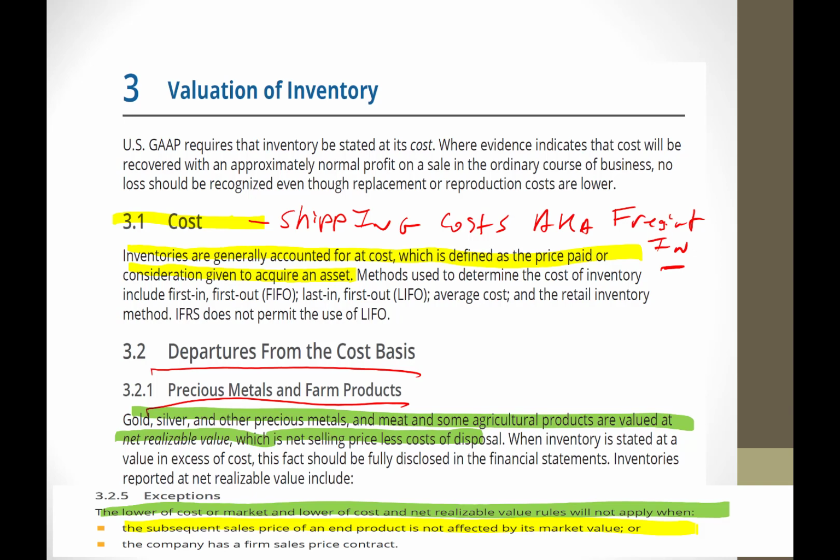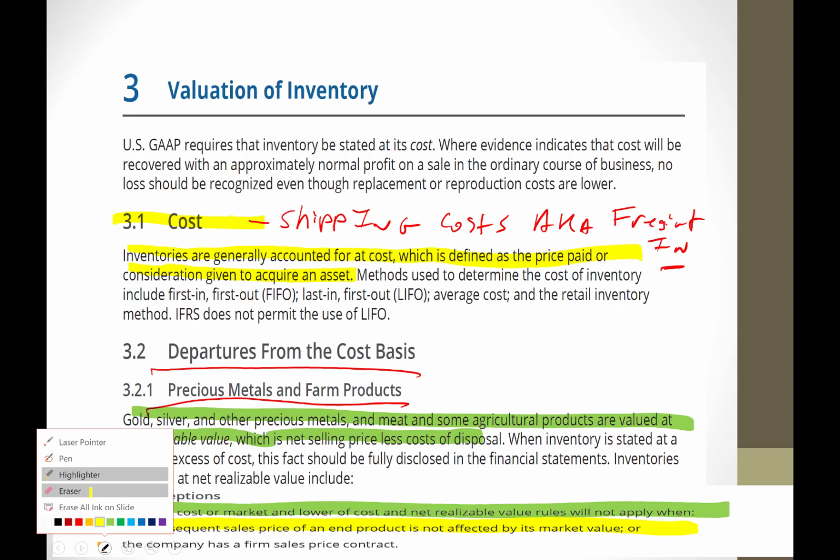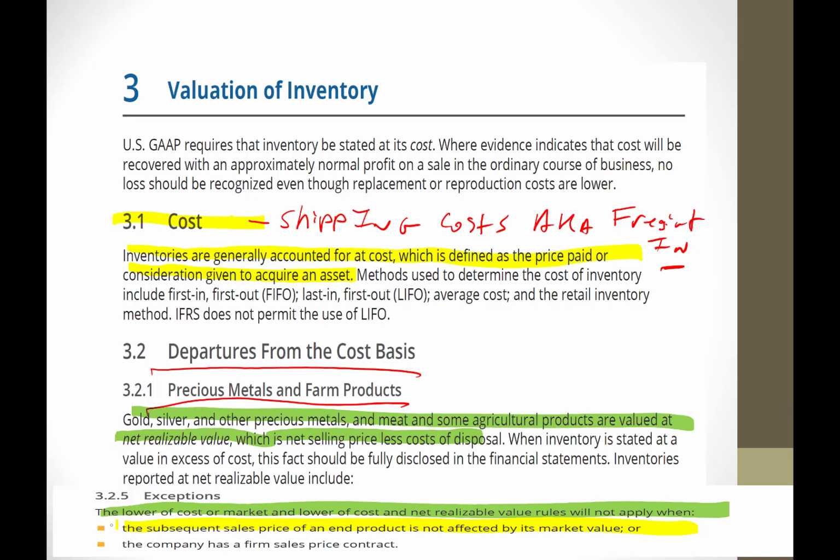Now, the other situation is what happens if I have a firm sales contract. I have already contracted with somebody to sell that inventory at a price that is higher than the current market. Well, I'm not suffering the loss, because we have a contract that you're going to buy it from me for $500,000, even though the market price is now $400,000.